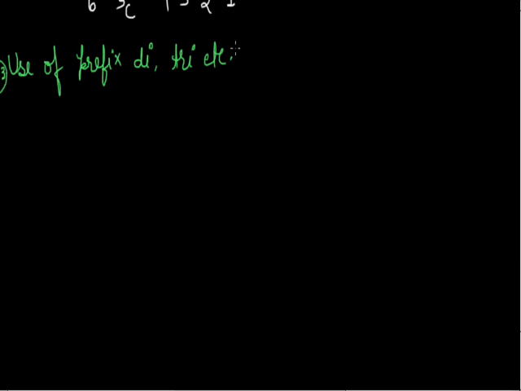For example, suppose we have this organic compound. Firstly we will select the longest carbon chain, and then we will number the carbon chain.